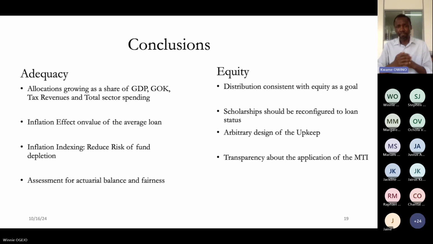And then finally, I think the biggest equity question in tertiary education in Kenya is a reflection of the fact that Kenya's education sector tends to be like a referral system. You can only go to secondary school if you've been to primary school, and you can only go to university if you've gone to secondary school or high school and qualified to go to university.